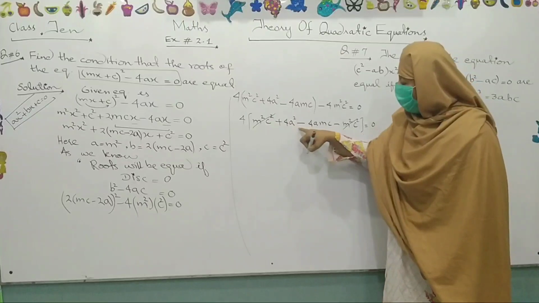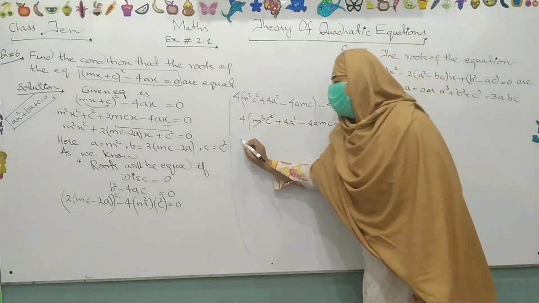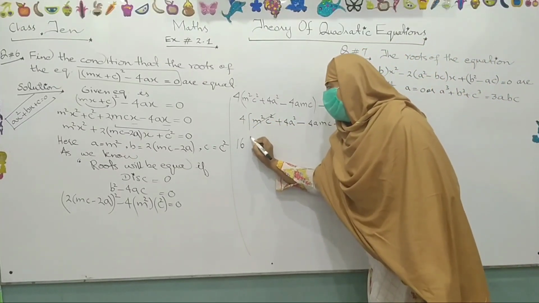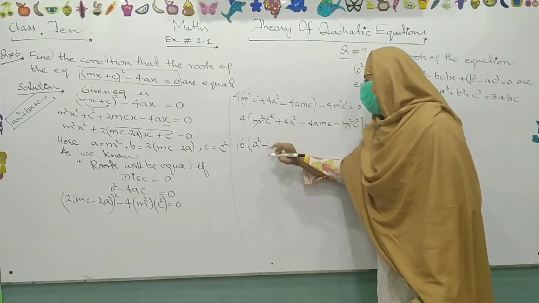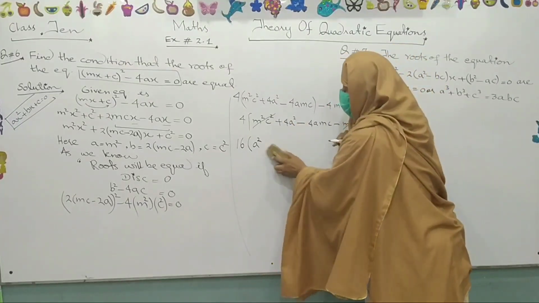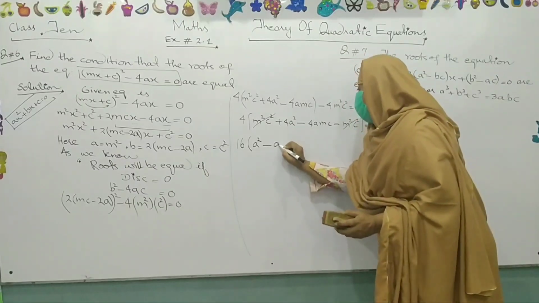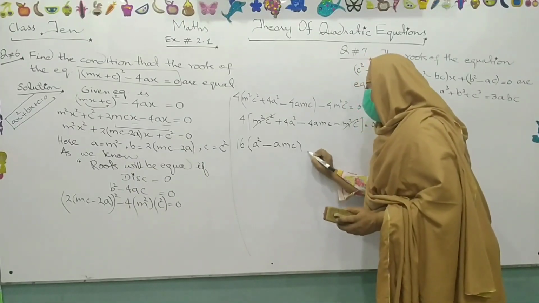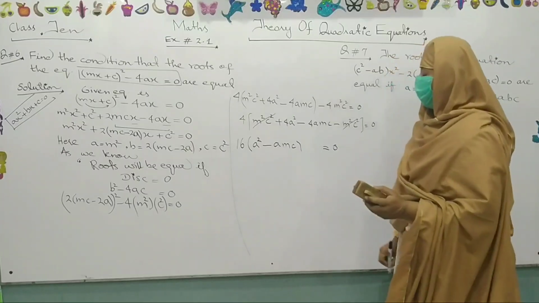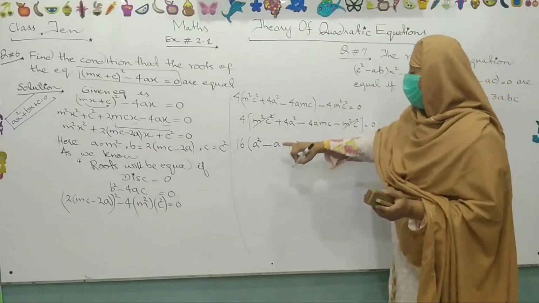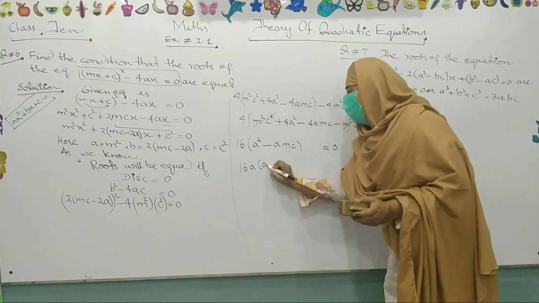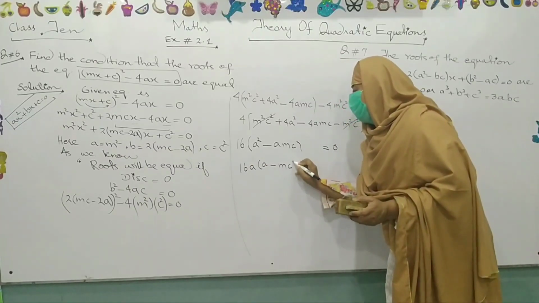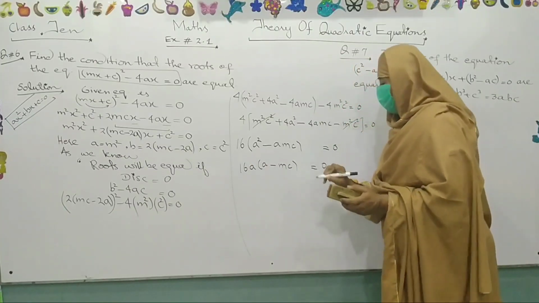Now again, I can take common 4, 4 times 4 for the 16. And what is inside? a square plus a square minus a square minus amc is equal to 0. Now again I can take common a. What will it be? a times (a minus mc) is equal to 0.